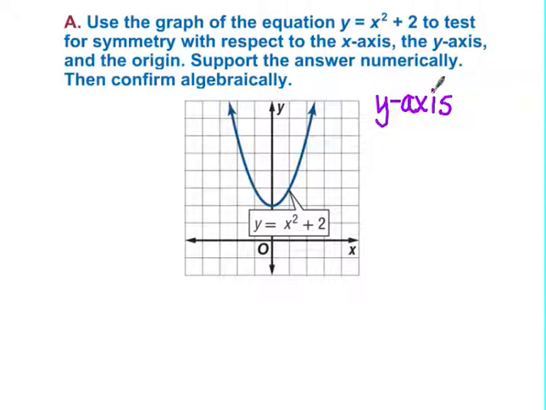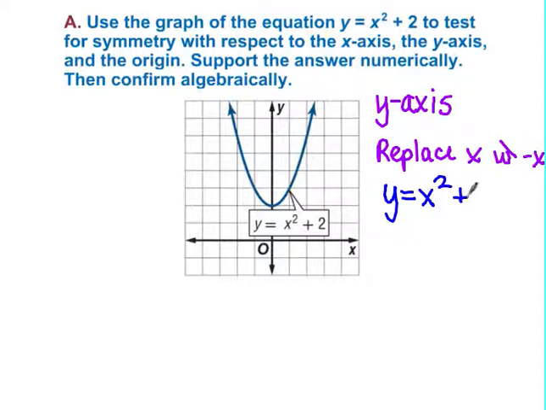Then, if it has y-axis symmetry, remember the rule was to replace x with negative x. So where do you see x? You see x in y equals x squared plus 2. Now wherever I see x, I'm going to put a negative x.